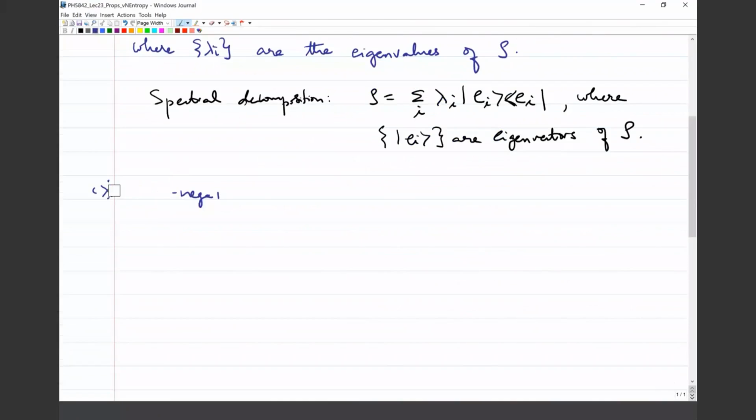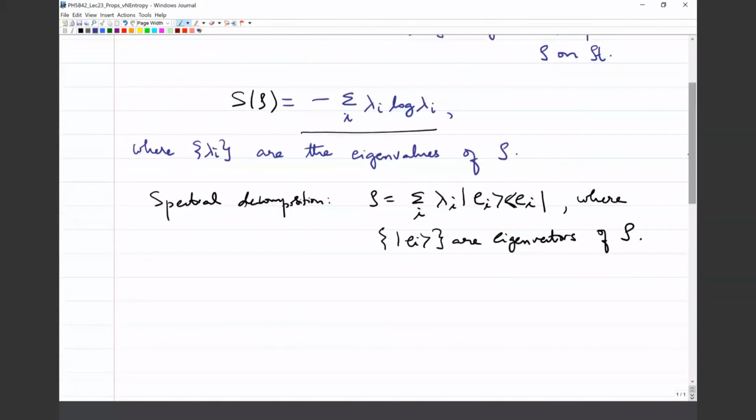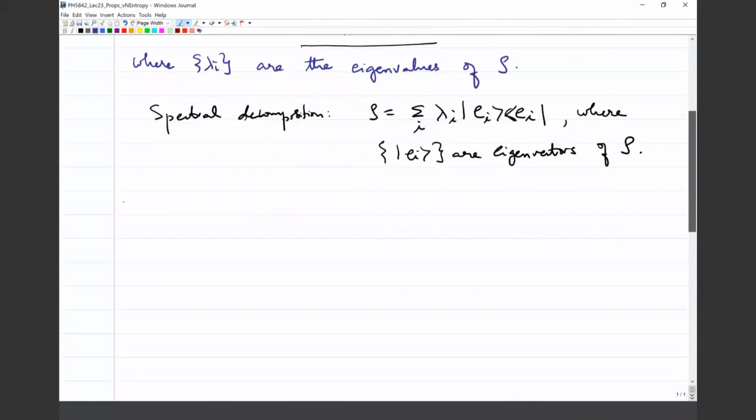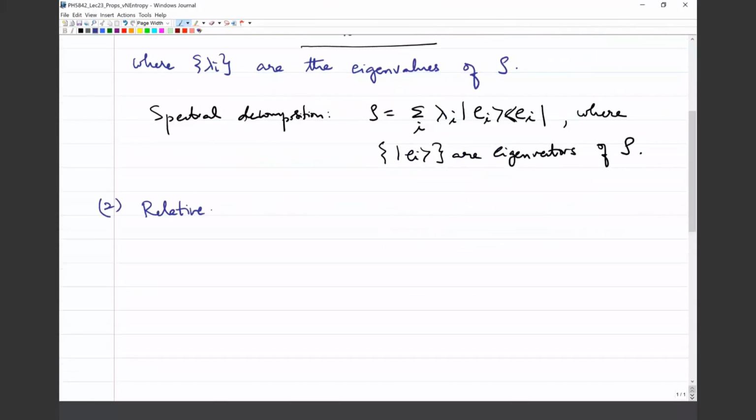Right after defining the von Neumann entropy, we defined the relative entropy between two states. Right? And this was defined to be trace rho log rho minus rho log sigma, right?